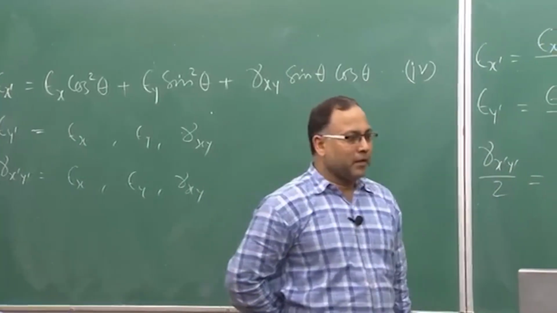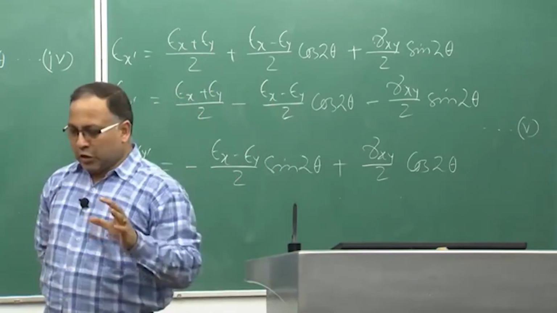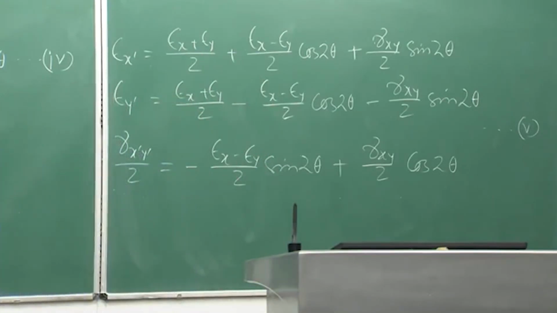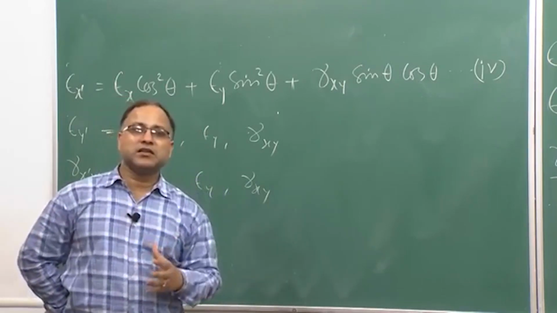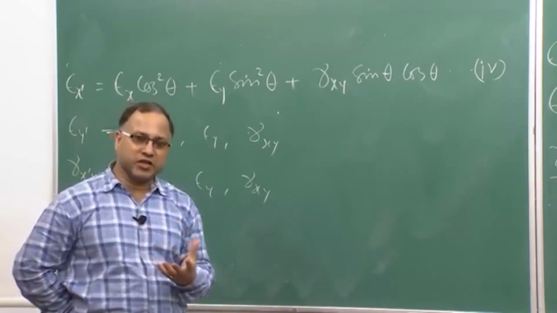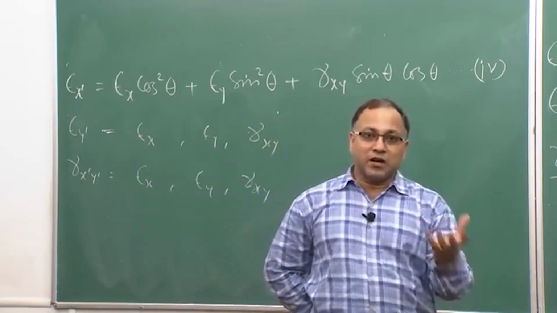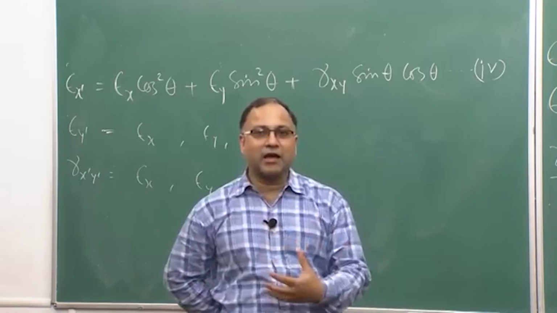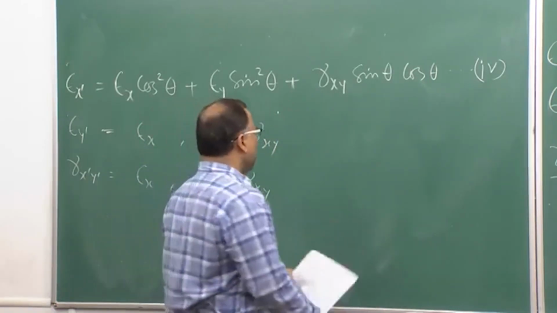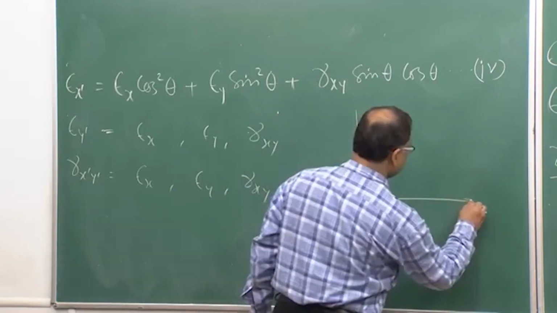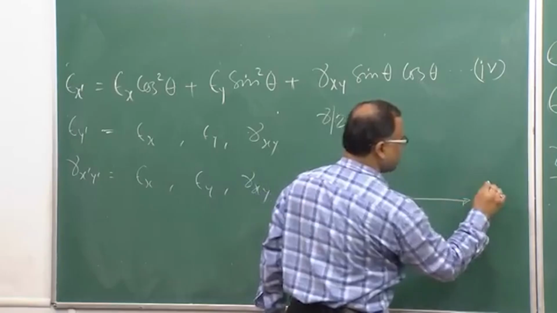So, now if you look at this expression, basically one thing is coming out from this discussion, that we can again construct the graphical representation very similar to the Mohr circle of stress. We can have Mohr circle of strain if we plot the coordinate system of gamma by 2 versus epsilon.